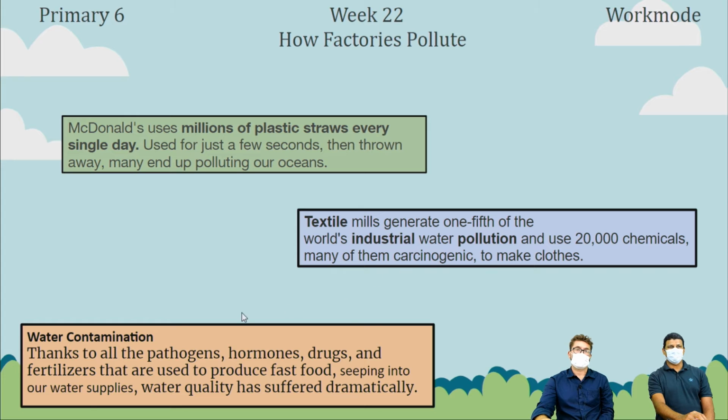And then you finally have water contamination thanks to all the pathogens, hormones, drugs, and fertilizers that are used to produce fast food. All of that is thrown away into the rivers. From the river, it goes into the ocean, and that is why water quality has also suffered dramatically.